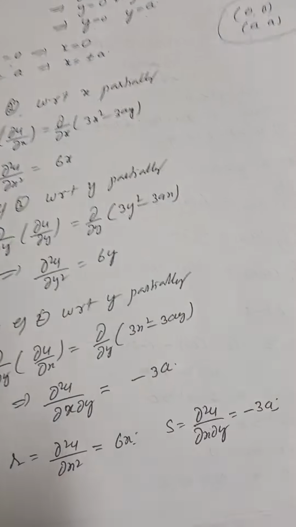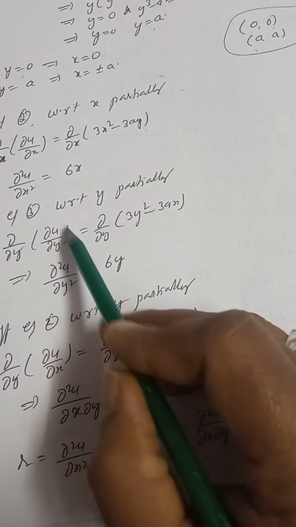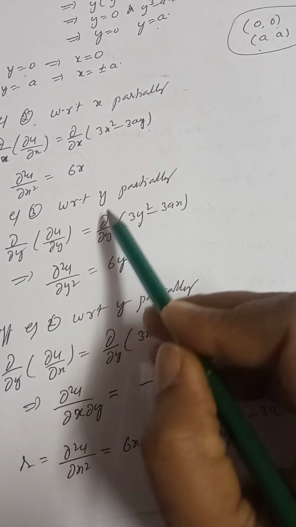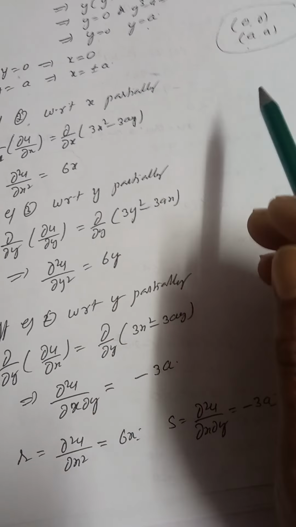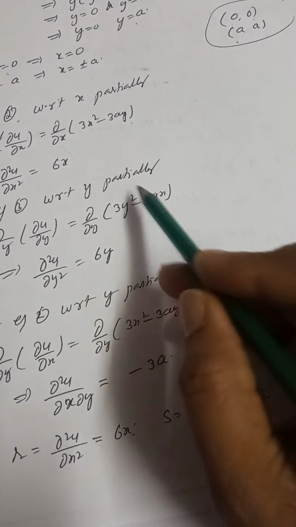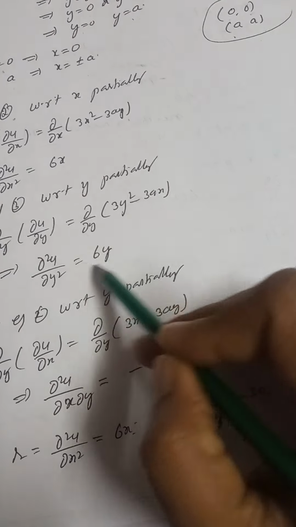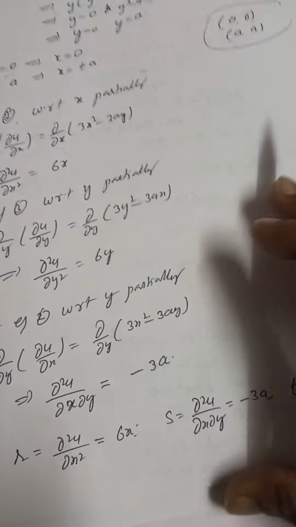Again differentiating equation 3 with respect to y partially, ∂/∂y of ∂u/∂y is equal to ∂/∂y of (3y² − 3ax). Differentiation with respect to y gives 6y, and the differentiation of the second term is 0.